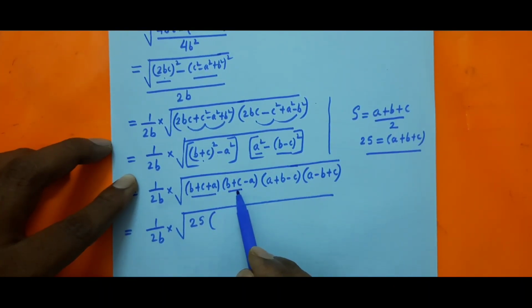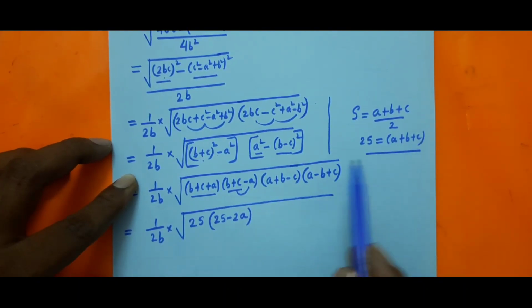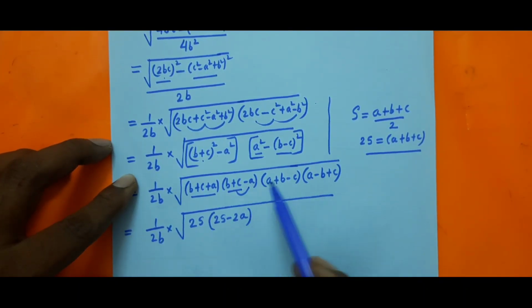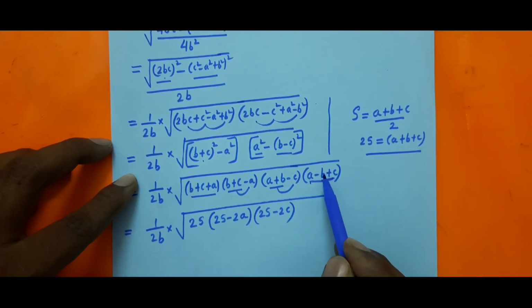This b plus c minus a, I can write 2s minus 2a, because 2s is a plus b plus c, minus 2a means minus a will come. So this a plus b minus c, I can write 2s minus 2c. This a plus c minus b, I can write 2s minus 2b.